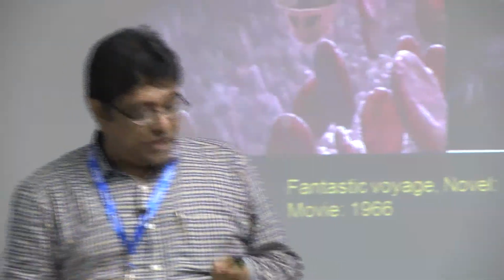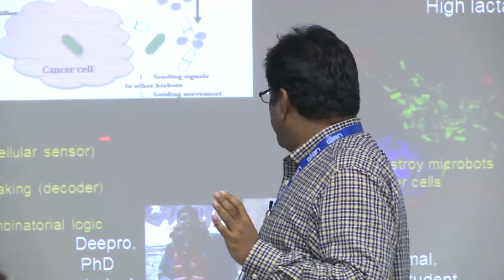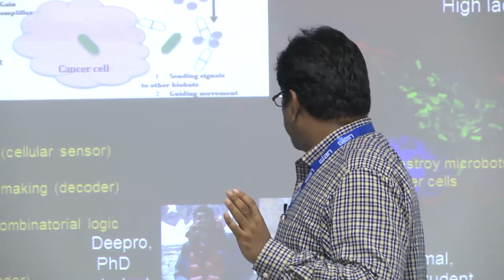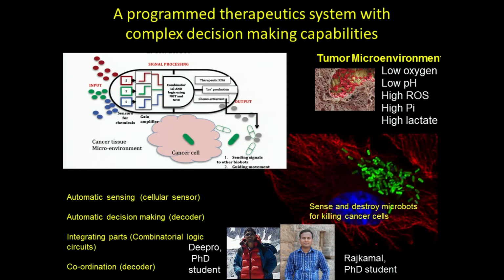What we are planning to do is the work of my two students, Rajkamal and Dipro, where we want to look at the cancer microenvironment. In cancer drug delivery, nanoparticle-based deliveries and even chemotherapeutic delivery with some ligand attachment always try to target a receptor on the cell.